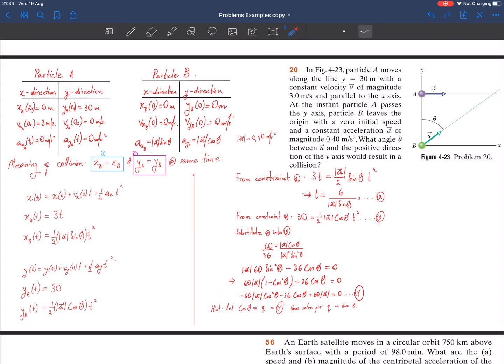So you are almost there in obtaining the angle necessary to induce a collision. In order to make things clear for you, I recommend you substitute q for cosine theta. Every time you see a cosine, replace that with a q, and then this equation, you will notice, is nothing more than a quadratic equation.